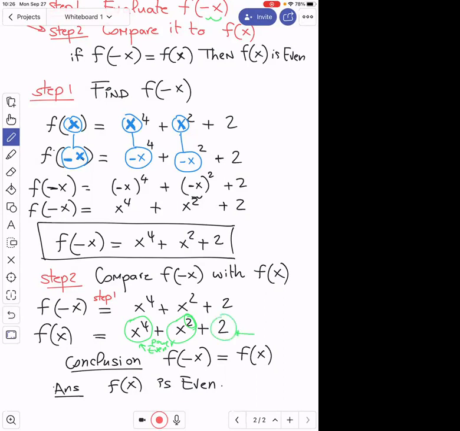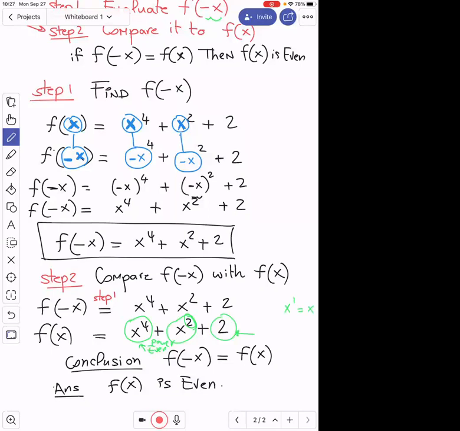My question for you is, what about this constant 2? What's the power of x there? Is it 1? No, because x to the power 1 is just x.